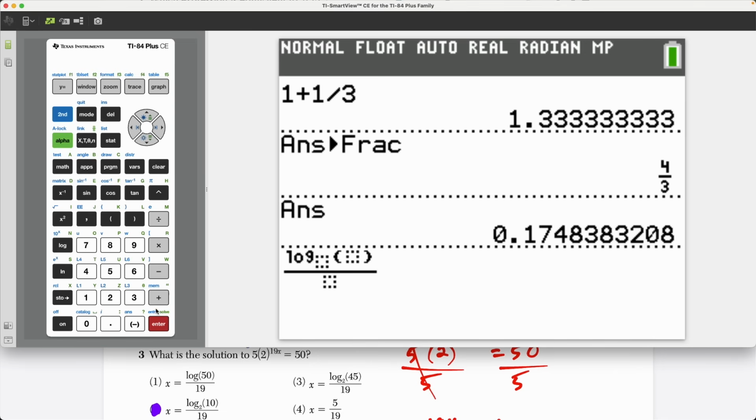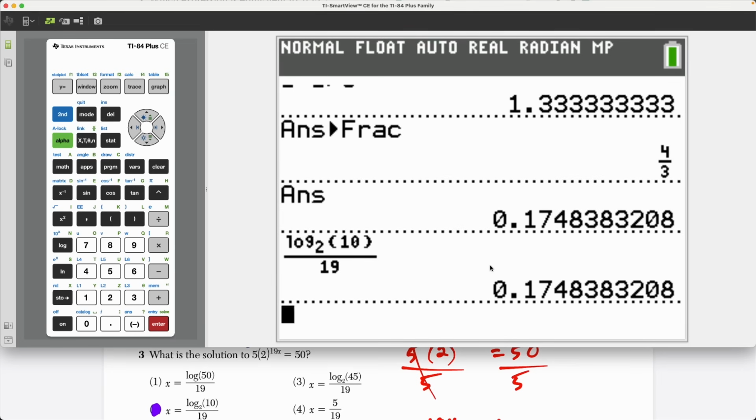I put in my base 2, 10 on the inside, and then 19 in the denominator. Press enter, and see how we get the exact same decimal. If I type in the other answer choices, it's not going to match the decimal at the point of intersection here. So this is just a backup method, in case in the multiple choice you are uncomfortable with the algebra, or you just want to check your answer.